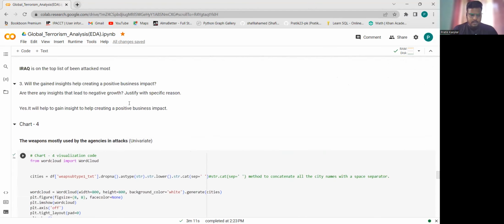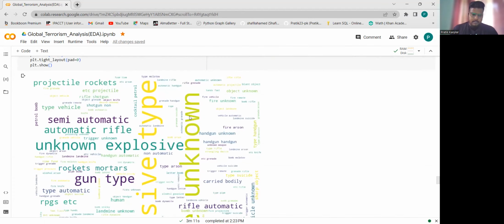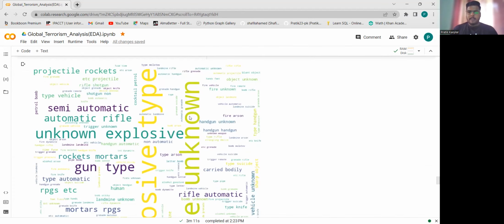Coming to the next chart, this is the most frequently used weapons by terrorist agencies. And this is again a univariate analysis. We have a word cloud over here. A word cloud typically refers to a collection of words, with the words popping out in a larger size meaning more occurrences.